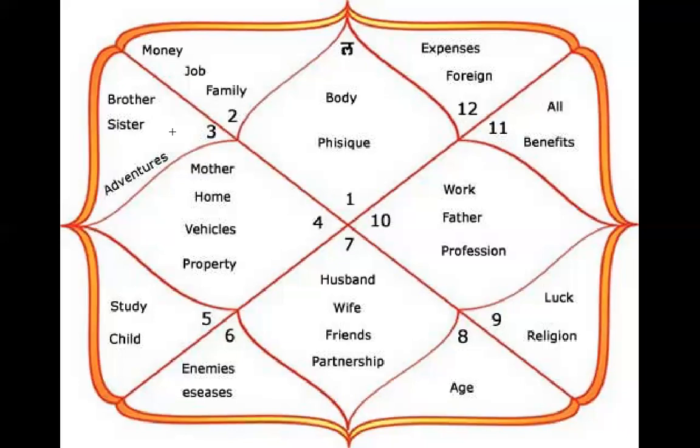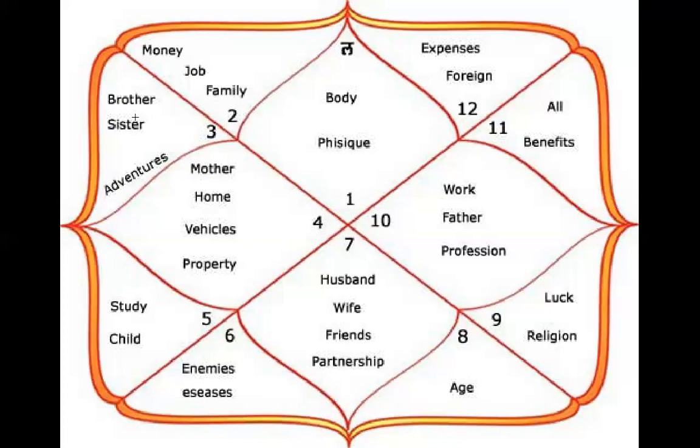Why is longevity seen? The eighth house represents the longevity of a person. Eighth house from any house represents the longevity of that particular person or aspect in your life. So eighth house, eighth from eighth, bhavat bhavam, 1, 2, 3, 4, 5, 6, 7, 8. The eighth from eighth, the third house, represents longevity. So apart from the eighth house, even your third house has to be strong for you to have a long and prosperous life.